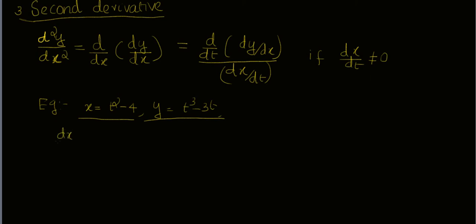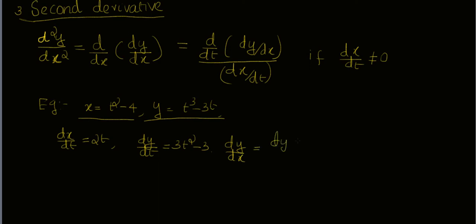First of all, we have to find dx by dt, that's equal to 2t. Next we need to find dy by dt. Dy by dt equal to 3t square minus 3. Then how will you define dy by dx? That is already defined.